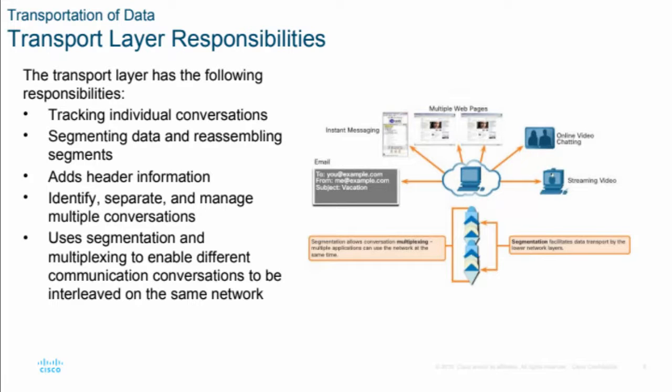So I have one cable, one media, with big bandwidth. I don't need one cable for each communication. I will multiplex all the conversations from my inputs into one media, using the transport layer feature.